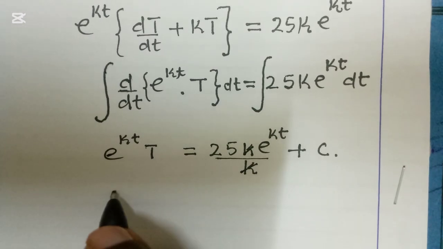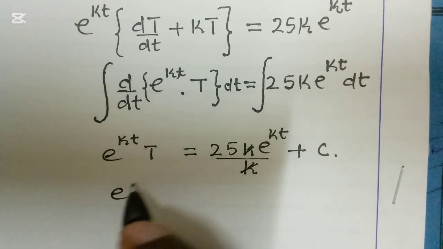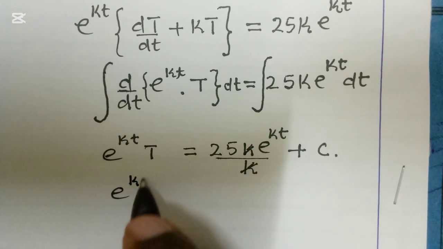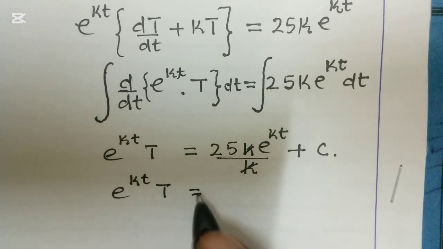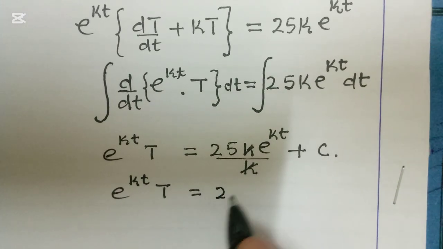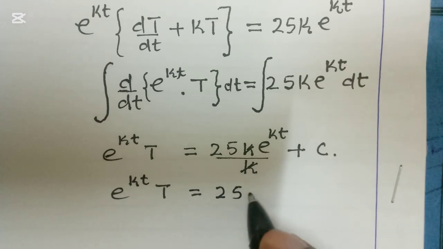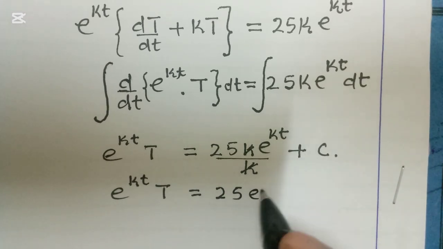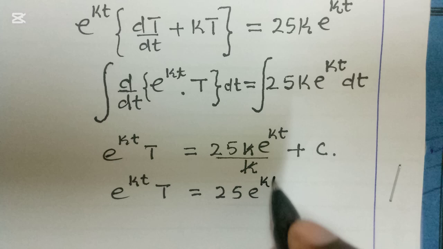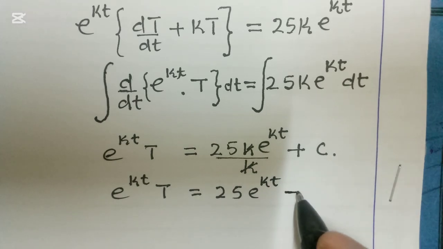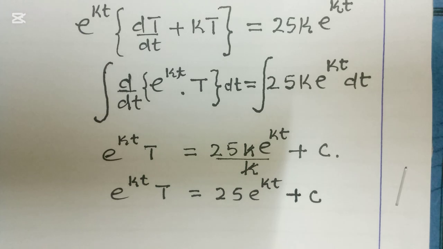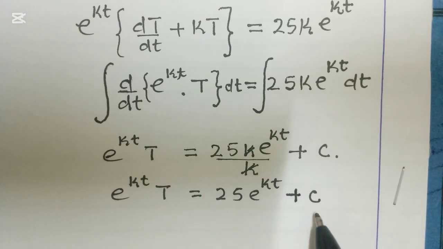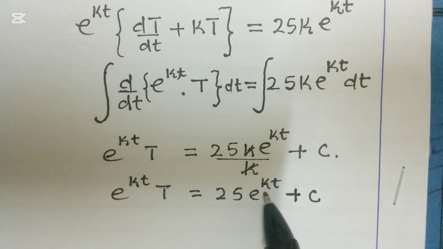So we are left with e raised to kt, then we have T. This is equal now to 25 e raised to kt plus c. So guys, we have two values we are going to look for. We're going to look for c, we are also going to look for k.